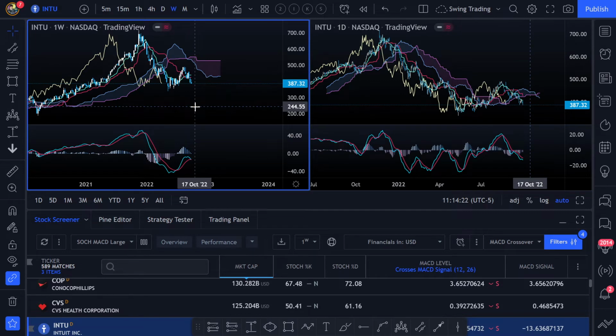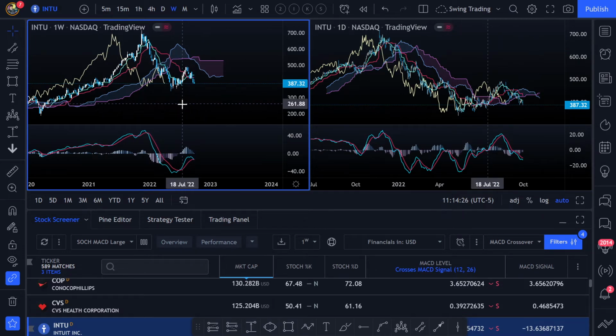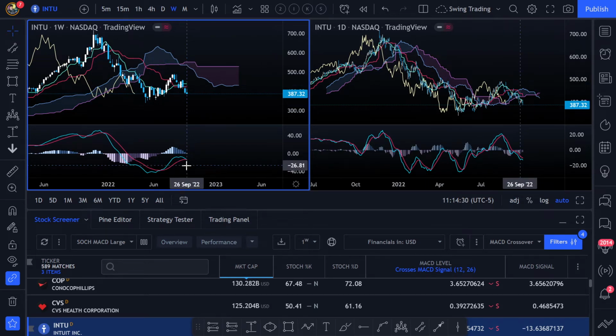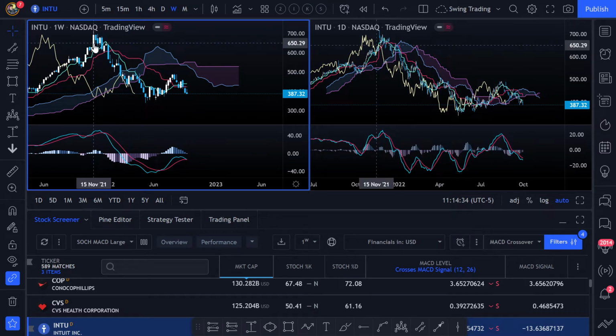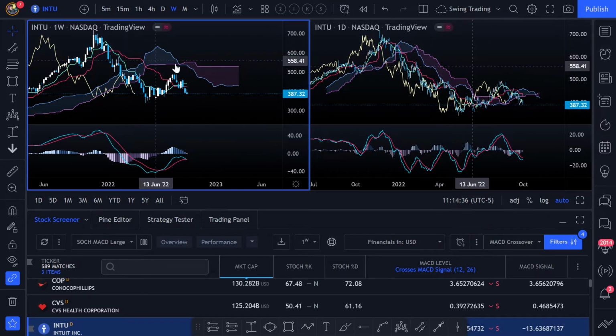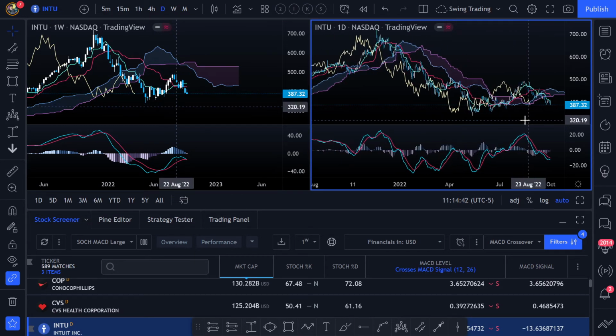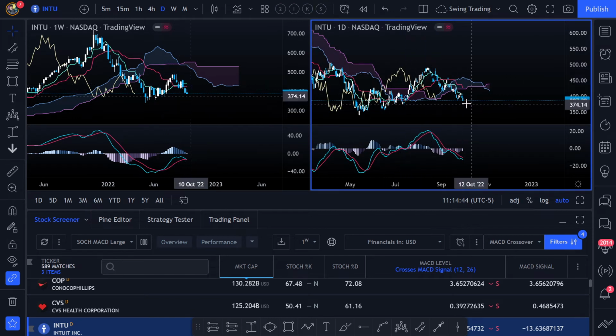Intuit. So I think this is a good opportunity to short because we have a weekly bearish MACD crossover, and this stock is already bearish in the weekly time frame. So this is a strong signal. Look at the daily time frame, it's clearly bearish. So this is a good opportunity to short.